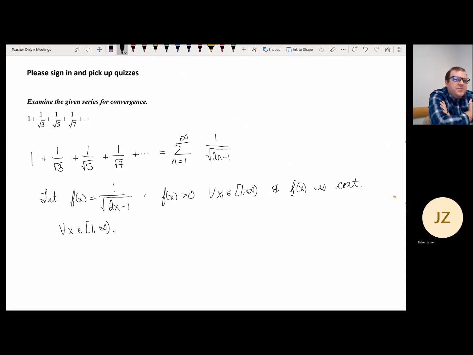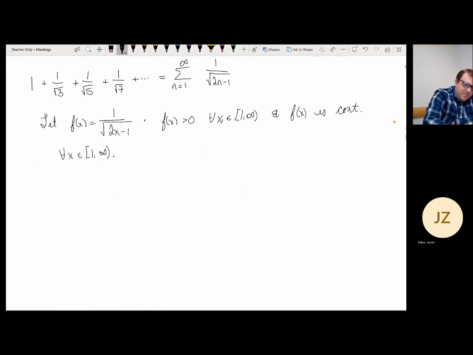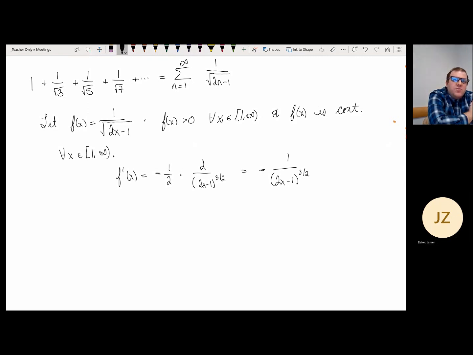It should also be clear that this is decreasing. If it's not clear, take its derivative: negative 1 over the quantity 2x minus 1 to the 3/2.